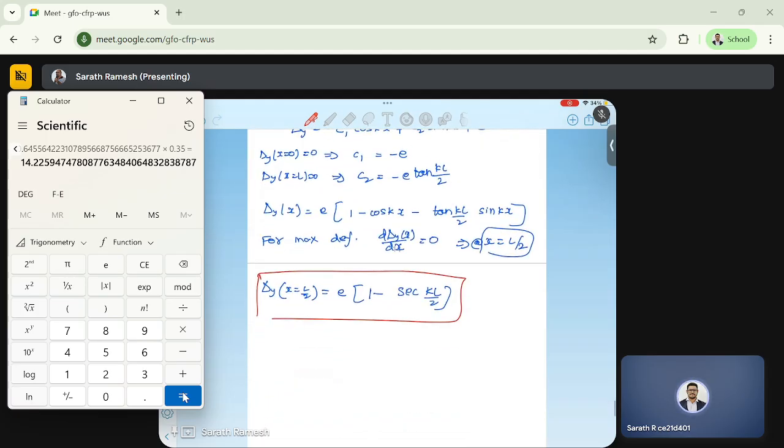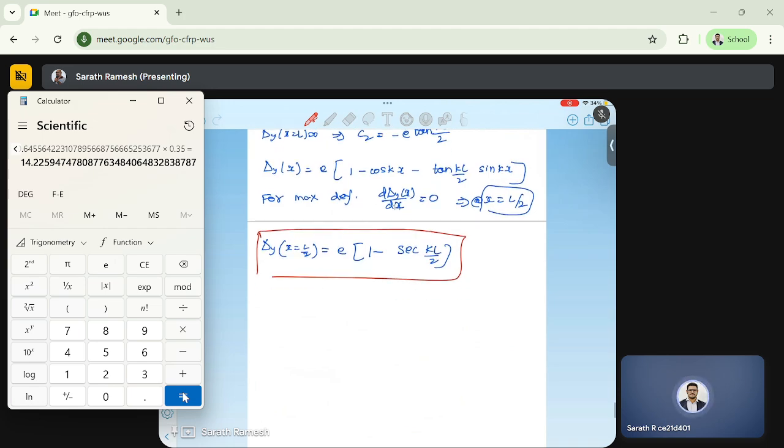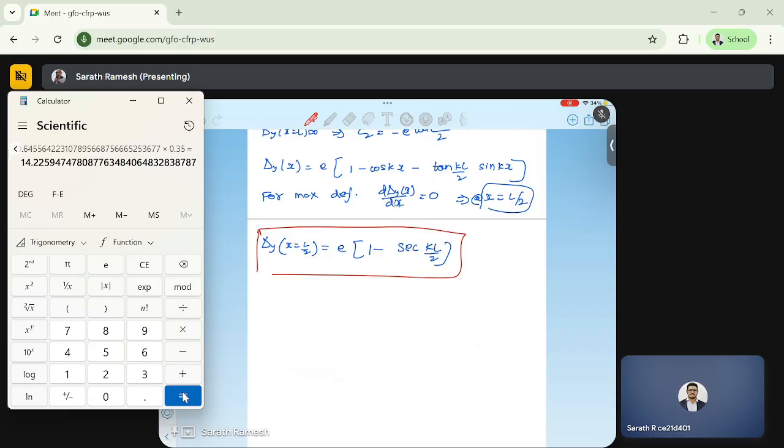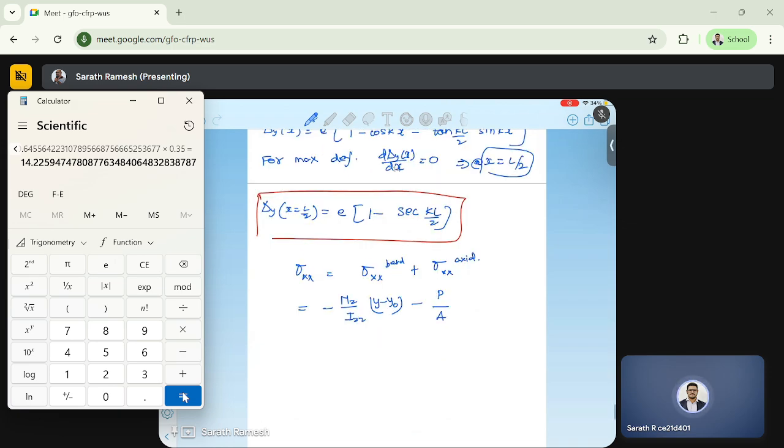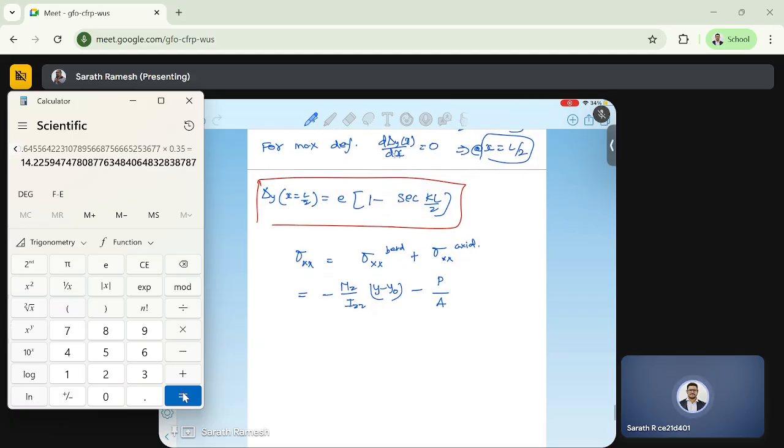And we also can find the maximum stress. So sigma xx, the actual stress, will have bending stress due to the bending moment and axial stress due to the applied load. So minus Mz by Izz times y, minus the axial stress, which is compression, so minus P by A. In the bending expression we already have a negative sign.